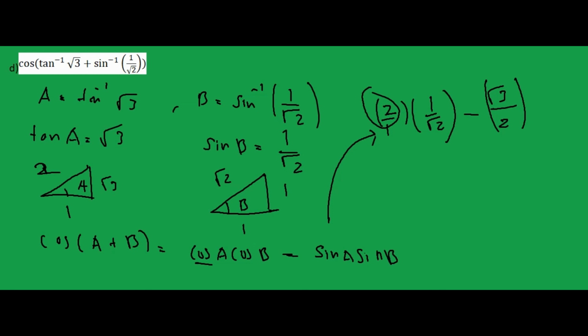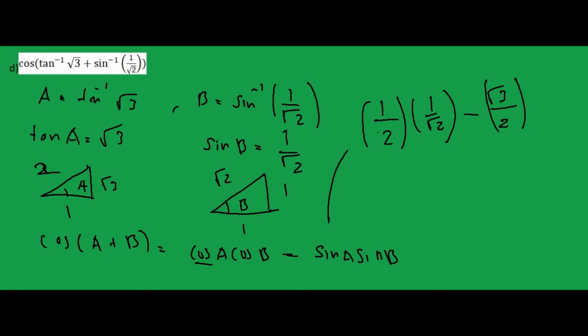So I'm going to erase. So cosine A is adjacent over hypotenuse, which is adjacent is 1 and hypotenuse is 2.